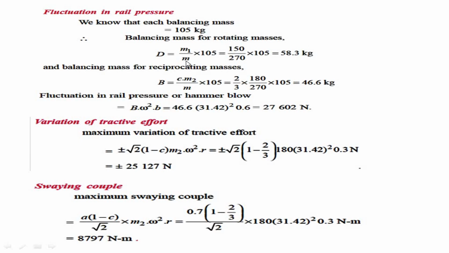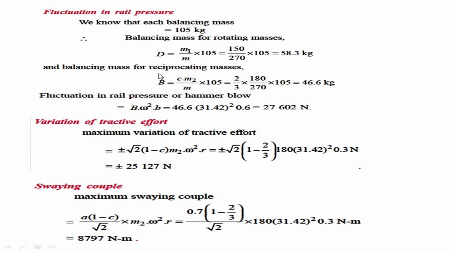So 105 kg has to be divided into two sections, one section which is going to be used for rotating masses and the other for reciprocating masses. So by the simple ratio method we can divide 105 kg into 58.3 kg, which is going to be utilized for rotating masses, and 46.6 kg for reciprocating masses. So this is going to represent capital B.